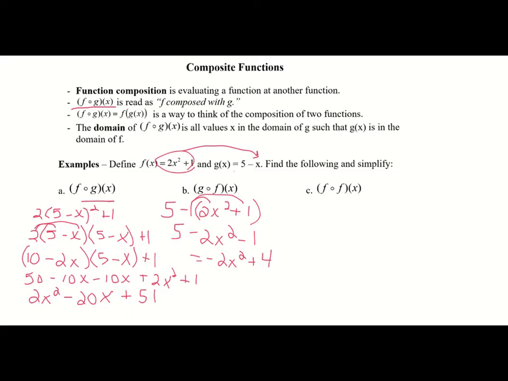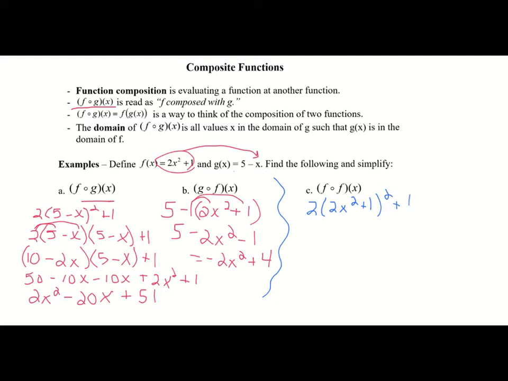Our final one here is F composed with F of x. We start with F and then plug F back into the problem. So we're going to have 2, and where that variable is, I'm going to plug in F again. So 2 times (2x squared plus 1) squared plus 1.